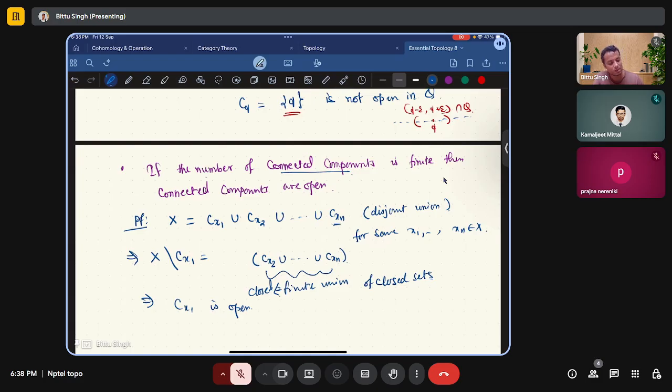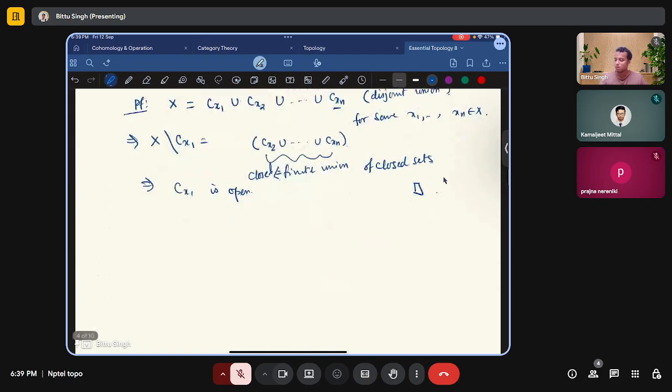Without loss of generality I have taken x1, but you can start with x2 up to xn. So it is clear that all connected components will be open. Okay, so this is the end of the proof.